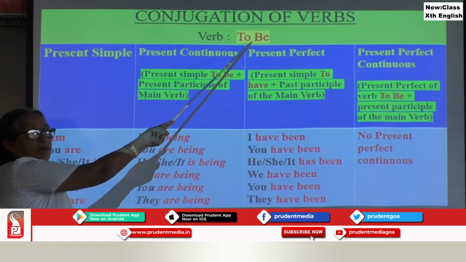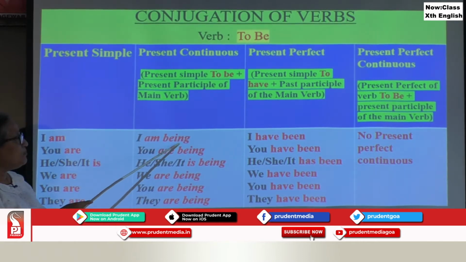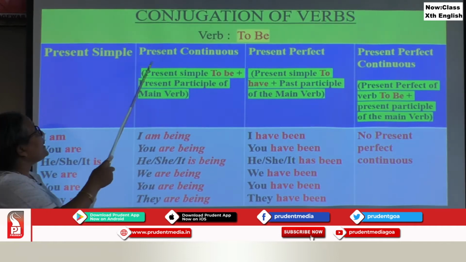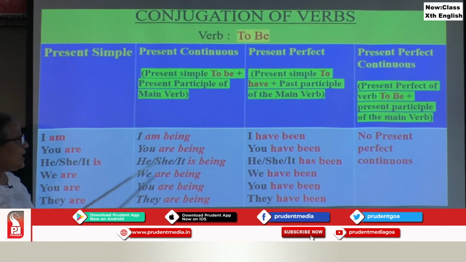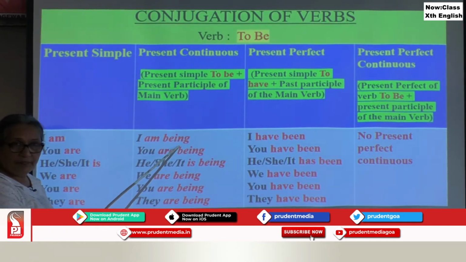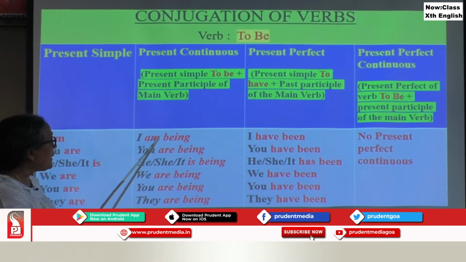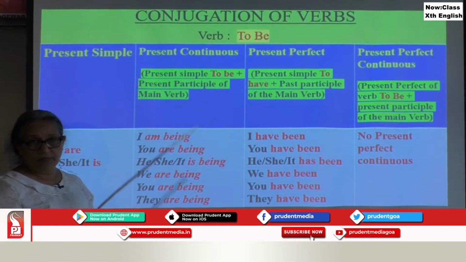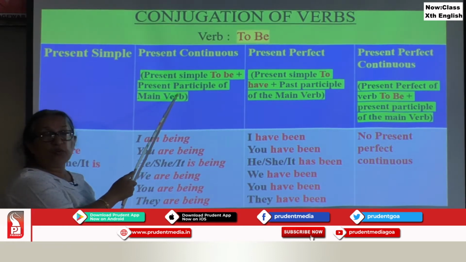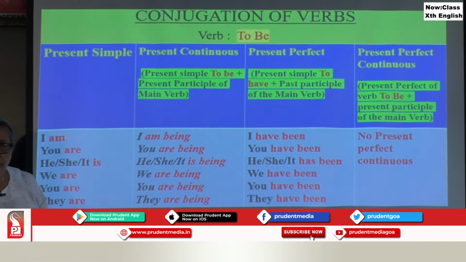What is the main verb? To be. So you put the ing form of the verb to be. So present continuous is formed: I am being. We have changed the form by using a helping verb. So if you understand this rule, you can do the present continuous of any verb.